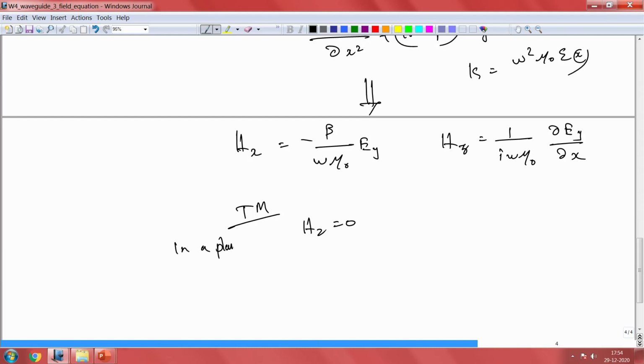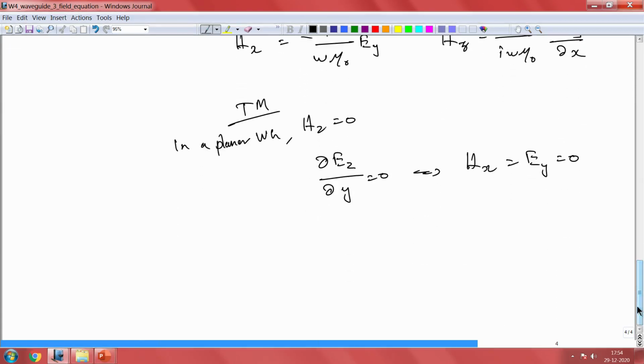In a planar waveguide, your Hz is 0, and since your Ez field is 0, this implies Hx and Ey are also going to be 0. And now since you have only one H field that is non-vanishing, here the non-vanishing fields are Ex, Hy and Ez.